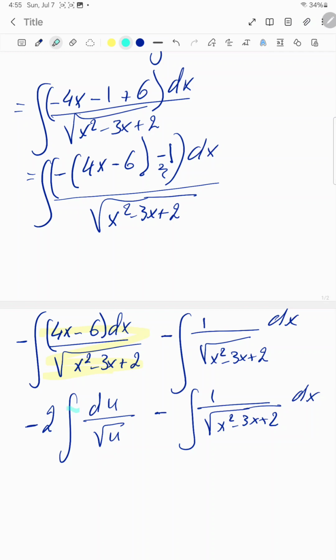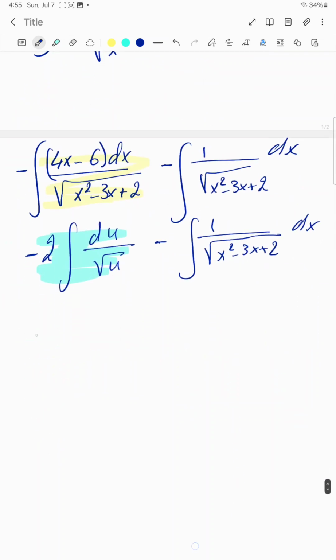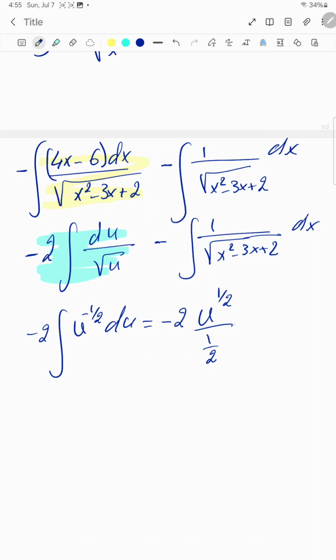So now let's solve that integral first to get rid of it, and then I will work with the second integral after. The first integral is very easy. It becomes minus 2 integral of u to the power minus 1/2 du, because square root of u is u to the power 1/2, it's in the denominator, I put it in the numerator, it becomes negative. That integral will become minus 2 u to the power 1/2 divided by 1/2, which is equal to 4 square root of u.